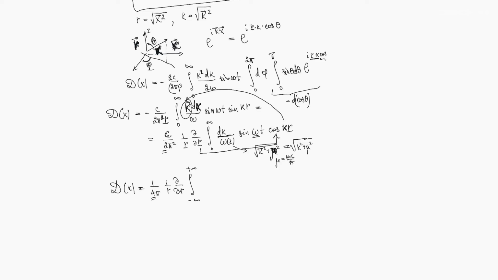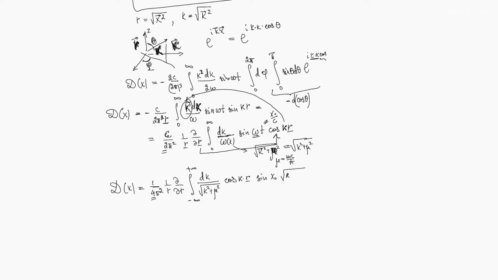Integral from minus to plus infinity, dk, then there is this omega, and omega is the square root of k squared plus mu squared, and cosine kr, and then there is a sine, and t is what? t is x0 divided by c, and omega divided by c is exactly this square root of k squared plus mu squared. So I can write this therefore as sine of x0 times the square root of k squared plus mu squared.